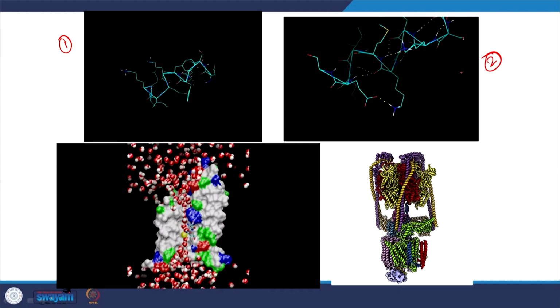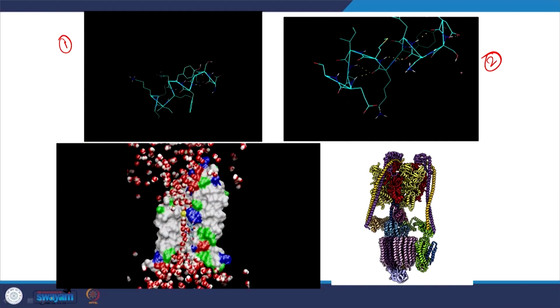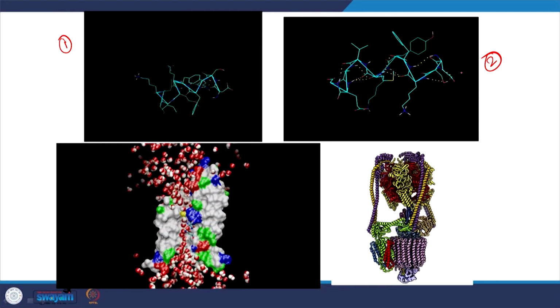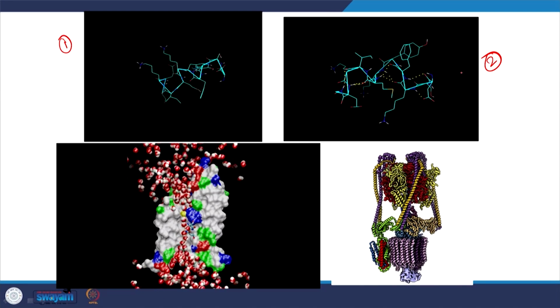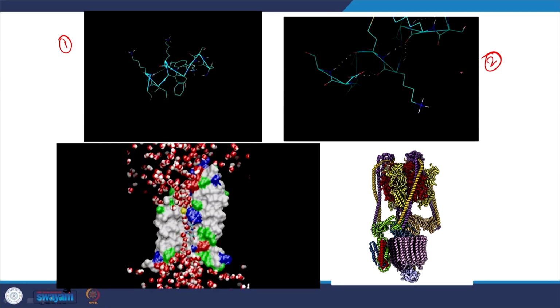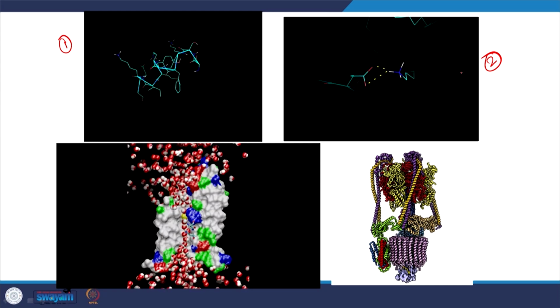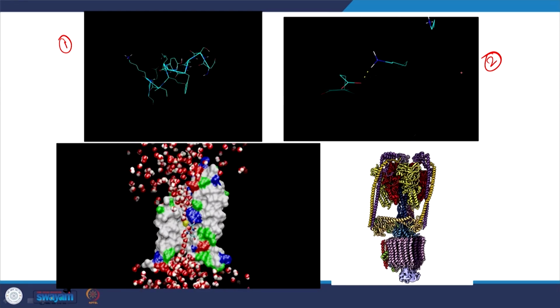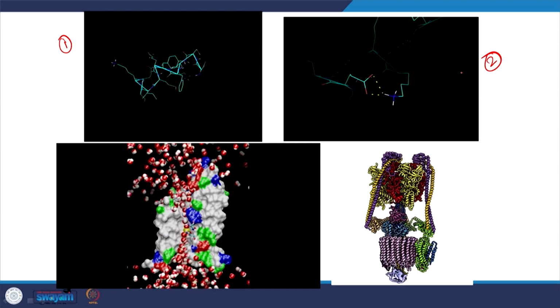As I told, the current journey is not only restricted to high quality, high resolution static figures, but we are developing movies which are giving us more insight. So, here is one which is a movie of aquaporin. You see how the channel is taking part in the flow of water.